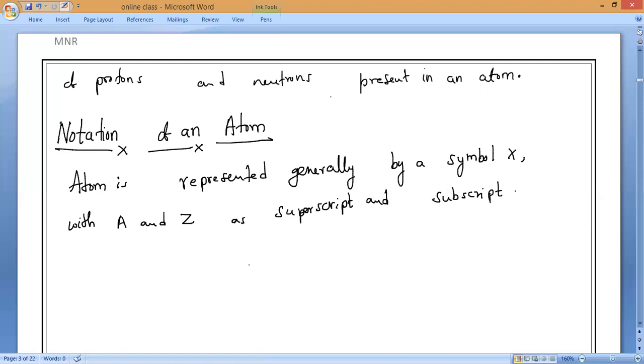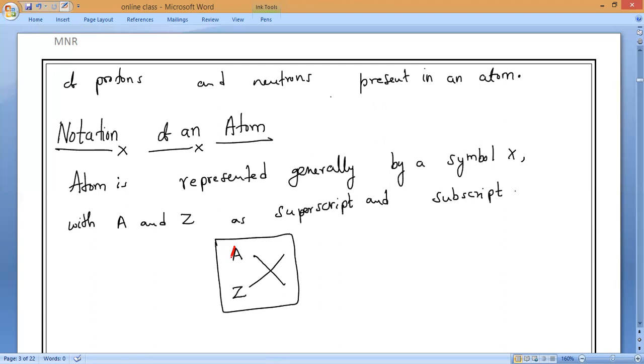As I told, the atom is represented with X. The subscript is the atomic number and the superscript is the mass number. All of you should remember: atomic number, subscript; mass number, superscript.